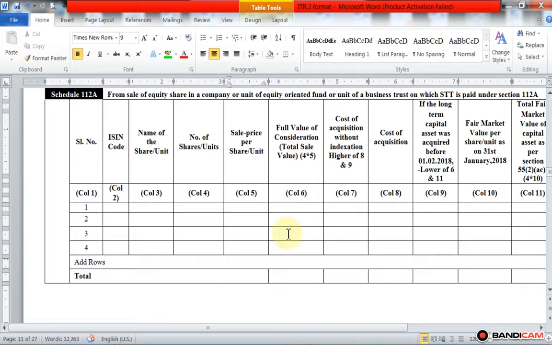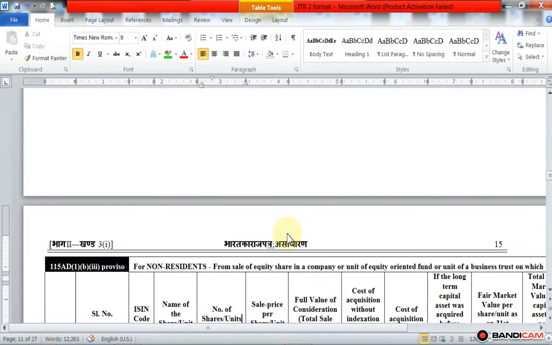It means number of shares, units, name of shares, as well as full value of consideration, then cost of acquisition of shares, then long-term capital asset was acquired before 1st February 2018, lower of 6 and 11. So all this information is provided by the assessee.